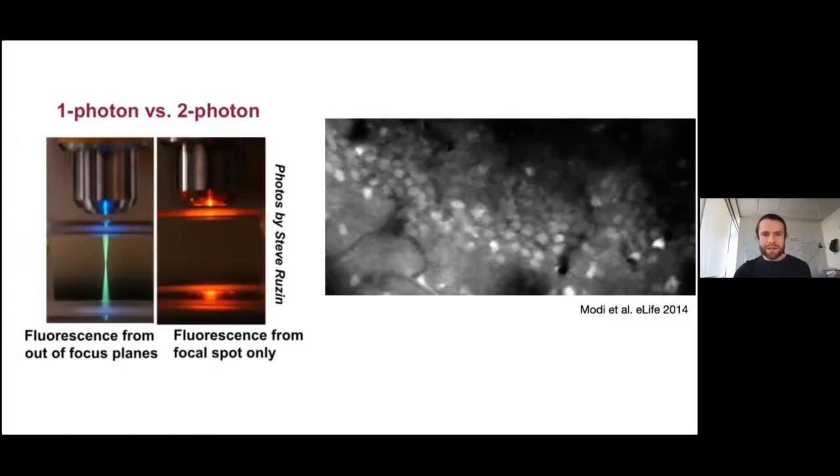I think this is the olfactory bulb in mouse. We can image from a bunch of cells and neuropil, and these methods have now been extended to cover tens of thousands of neurons across mammalian cortex within the last 10 years.